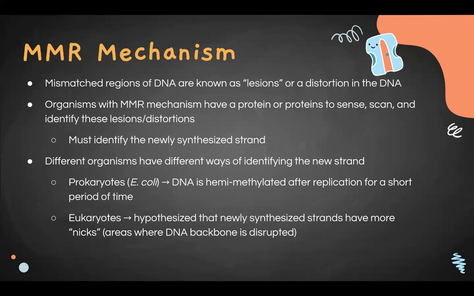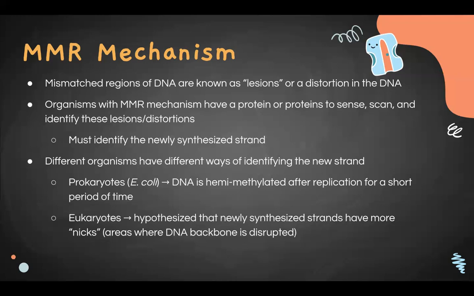In prokaryotes, for example, the DNA is hemimethylated after replication for a short period of time. So what that means is that the DNA has methyl groups added to it by default on the parent strand.